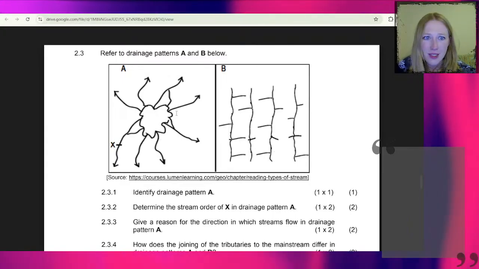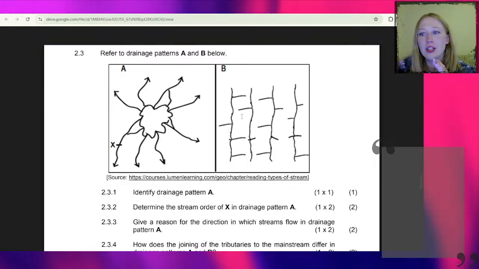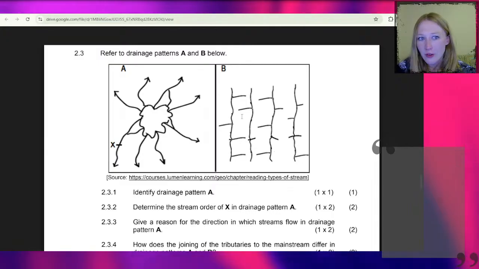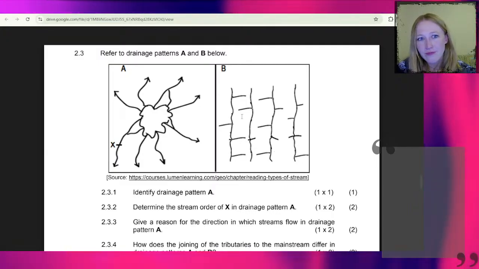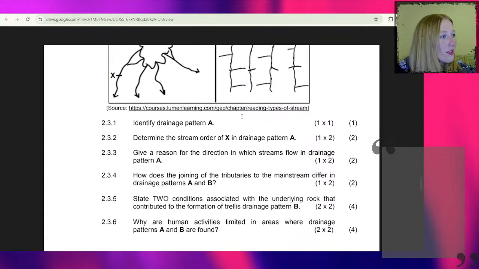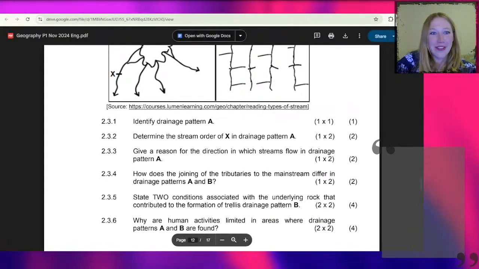That's my idea for A. And then for B, we probably have this alternating very hard and soft rock, and that's probably not ideal for agriculture. So, not ideal conditions for development or human activity. That's what I'm going with.